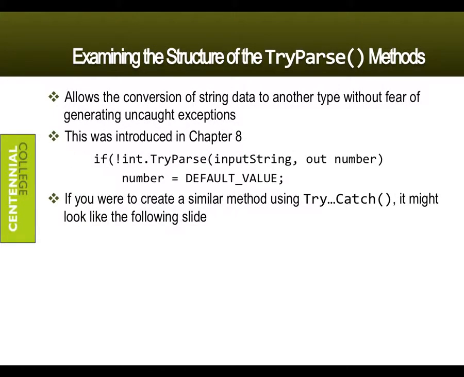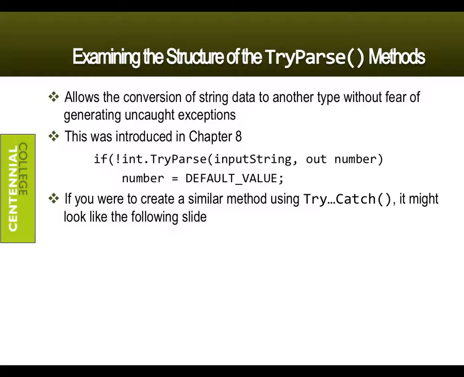All right, so here's an example. I've got this TryParse. What's the difference between the TryParse method, way back in chapter 8, and a try-catch? What we're doing here is using this funky out variable called number.